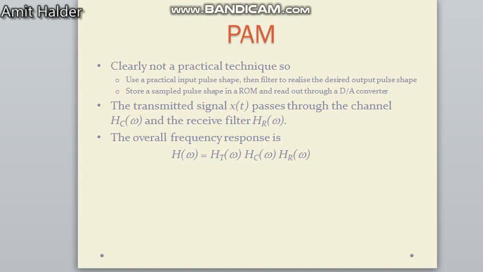The overall frequency response will be the product of the transmit filter, the channel, and the receive filter responses. You will get the multiplication of the three things in the frequency domain, and that gives the overall frequency response. So that's the frequency response of the PAM.